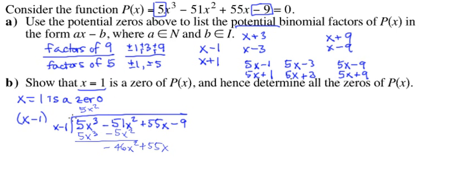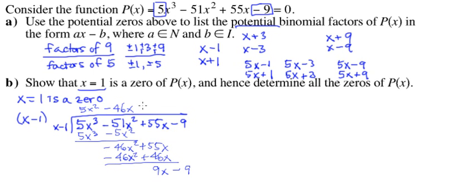And now we start again. X goes into minus 46x squared minus 46x times. Minus 46x times x gives minus 46x squared. Minus 46x times minus 1 gives plus 46x. X squareds cancel out like they're supposed to. 55 take away 46 leaves 9x.